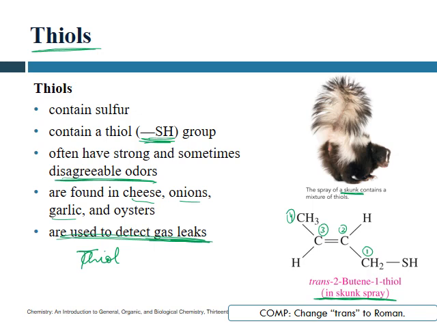Where is the double bond located? Carbon number 2, and it has a thiol on carbon number 1, so this would be butene-1-thiol. You don't have to say whether it's trans or cis unless the question is asking, right? But most of the time I will give you a compound with thiol without a double bond or a triple bond. Okay.